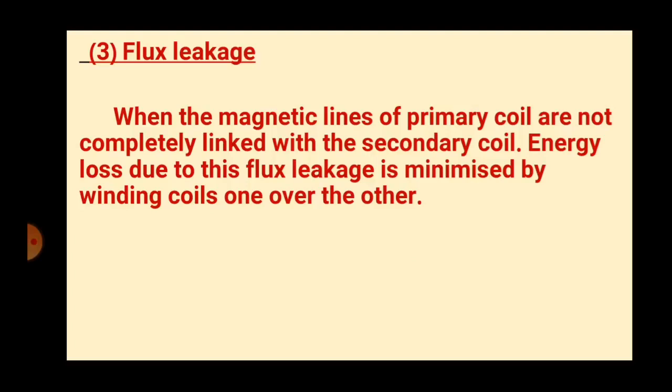This results in the loss of energy. So this loss can be minimized by using a shell type core, winding the coils one over the other. So this is the energy loss in a transformer.